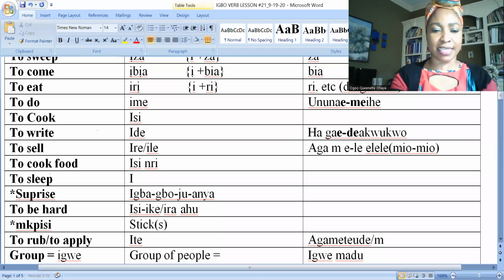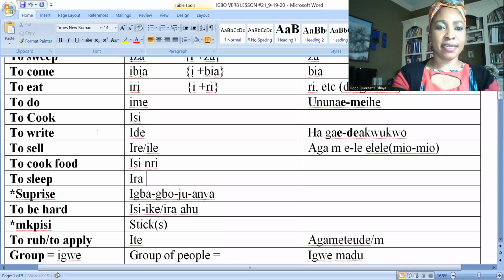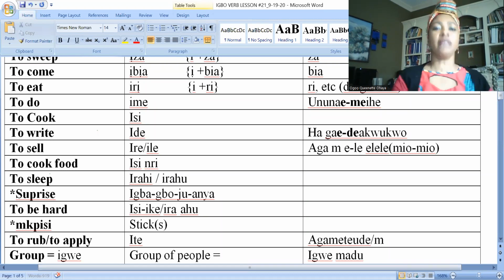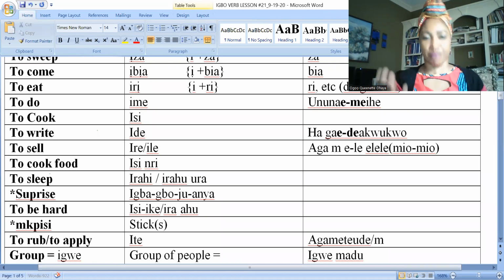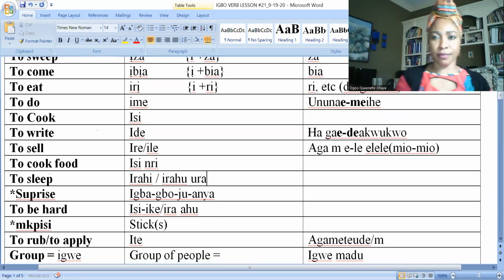Ora means sleep. Erahe. Ora. Eraho. Ora. To sleep. Okay.